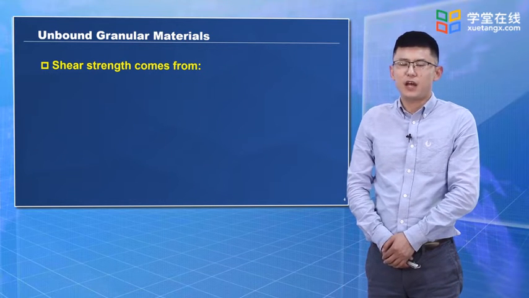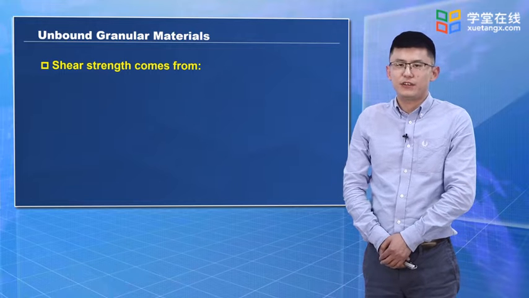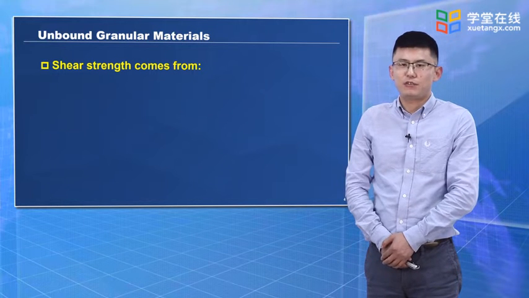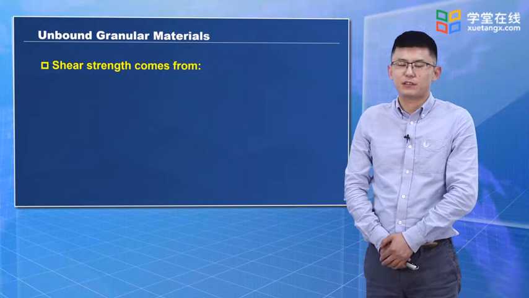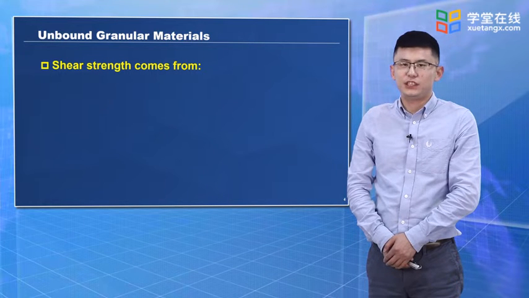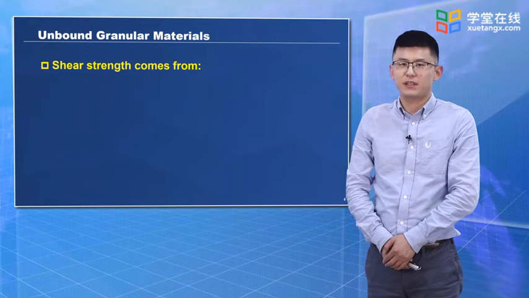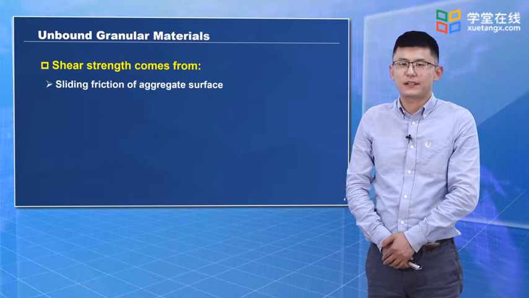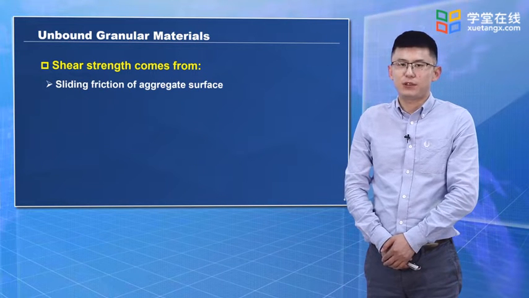We know that for the unbound granular materials, there is no powerful binder, so there is no tensile strength, but the shear strength, we have it. Where does the shear strength come from? It can be from several aspects.